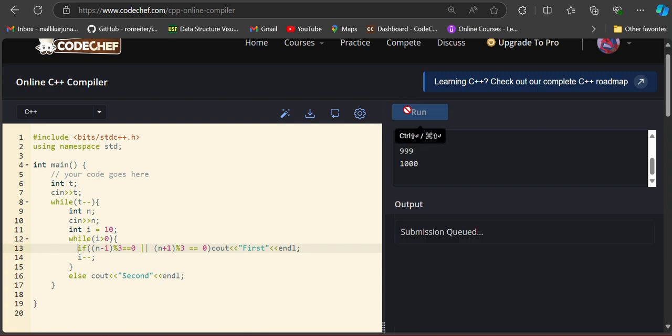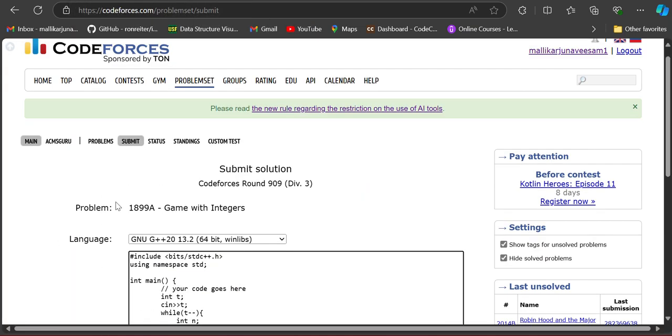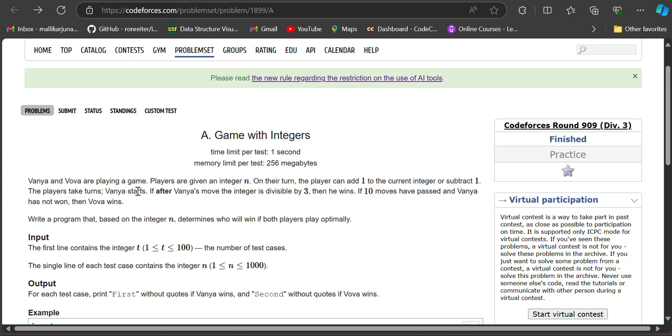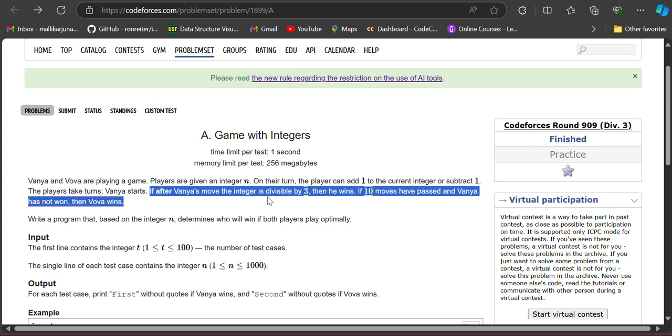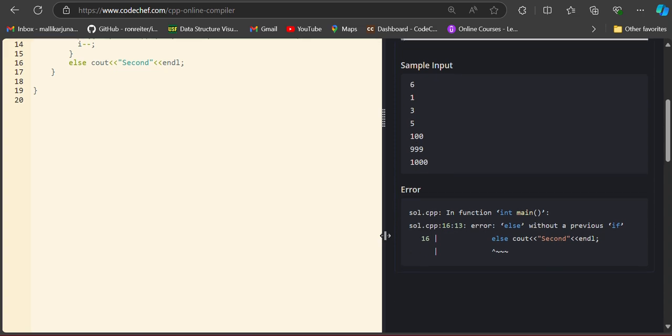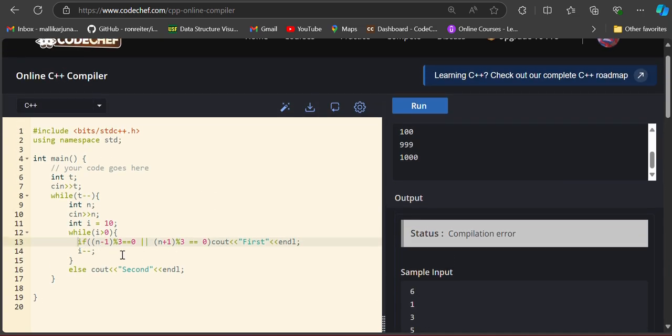So now if we read the question, we can get that: if after Vinay moves it is divisible by 3 after checking, he wins. If 10 moves have passed and Vinay has not won, then the other wins only. Right? Else part. Where is else? Oh, sorry. While else is not a construct, it's not a loop.